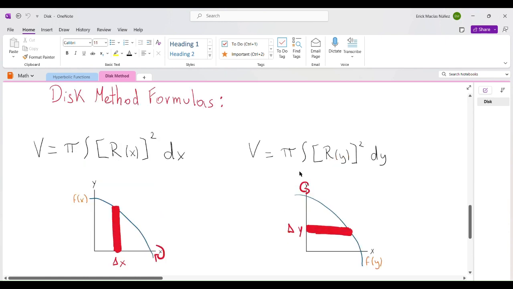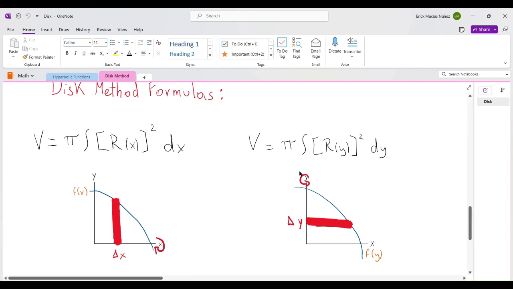For this method, we have multiple formulas. We have pi integral of the radius squared dx, and we have pi integral of the radius y squared dy.